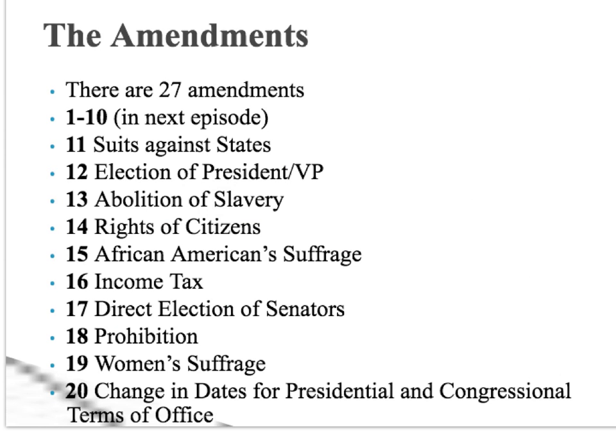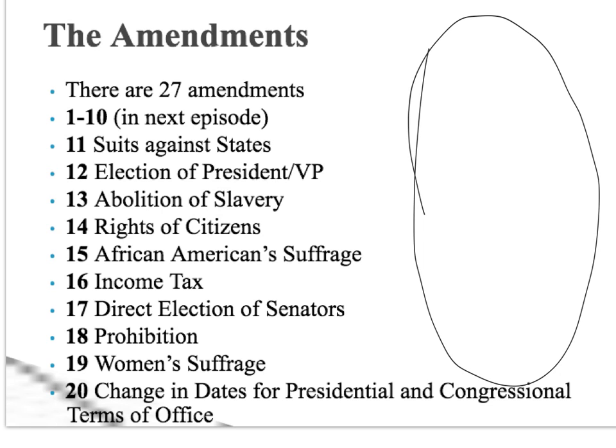Okay, so now we get to the actual amendments. There are 27 amendments. Amendment 1 through 10 we're going to go through in detail in the next episode. Also, 21 through 27 were supposed to show up right here somewhere. That didn't happen, so I'm just going to read them off to you.